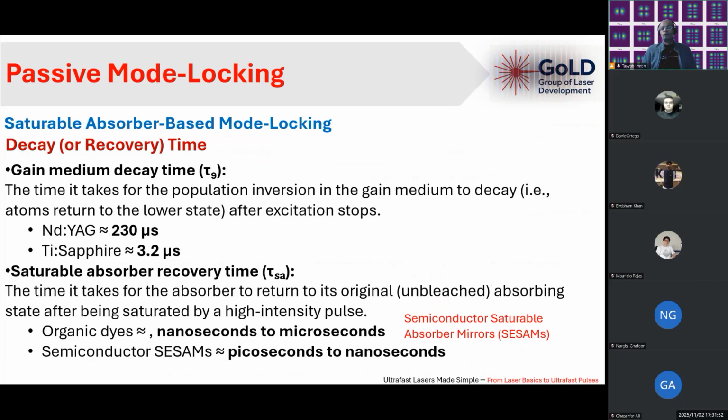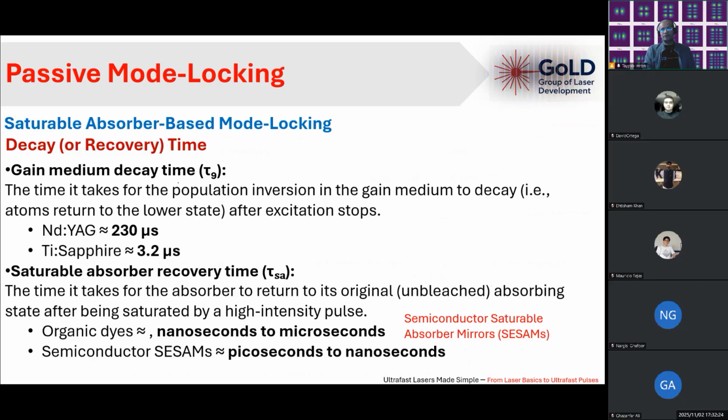Okay, so the decay or recovery time, as I mentioned, means the saturable absorber recovers quickly to be ready for the second pulse. I also mentioned that the gain medium has to be compatible somehow with the saturable absorber, and that is explained here.